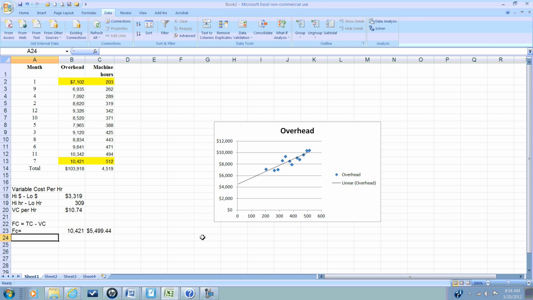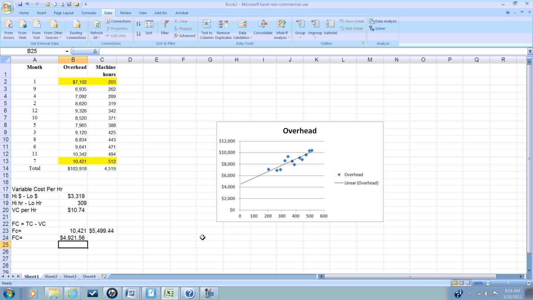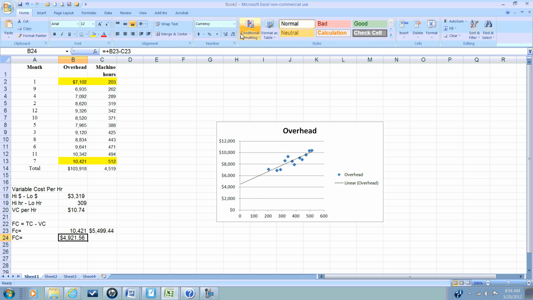So our fixed cost equals our total cost minus our variable costs, or $4,921. We have some cents on there. Since we're working with estimates, it's no big deal just to reduce to a round number. So let's call it 4,922. And this would also work if we did it the other way around.